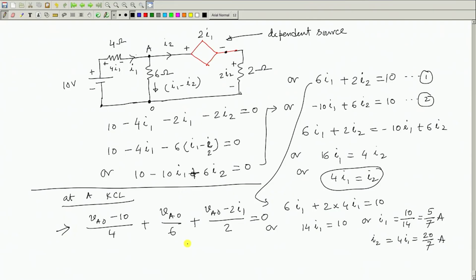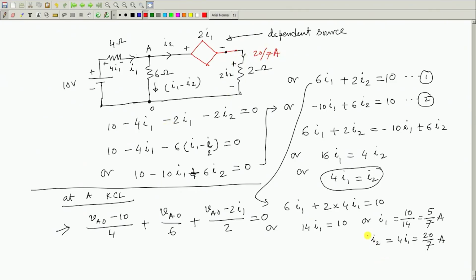So, what is the current in this branch? Suppose this is the load resistance, this current is I 2 and I 2 is 20 by 7 ampere. You note it down, 20 by 7 ampere will be flowing here.